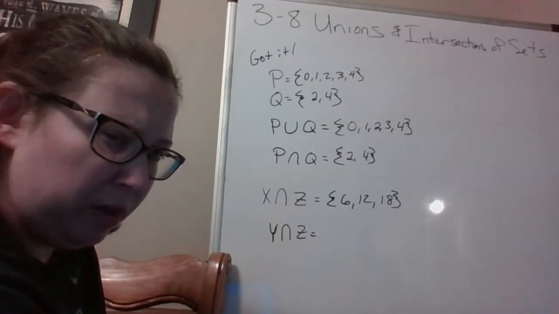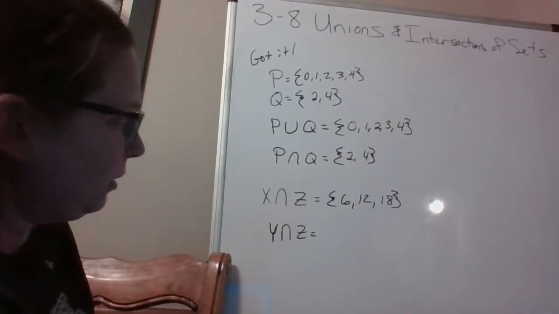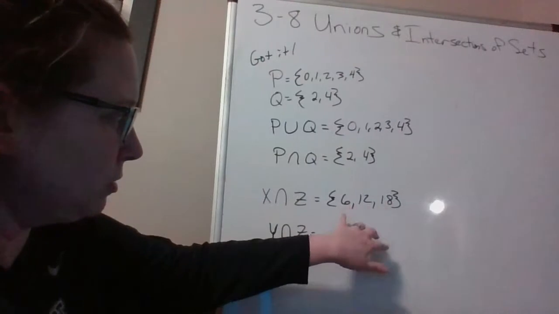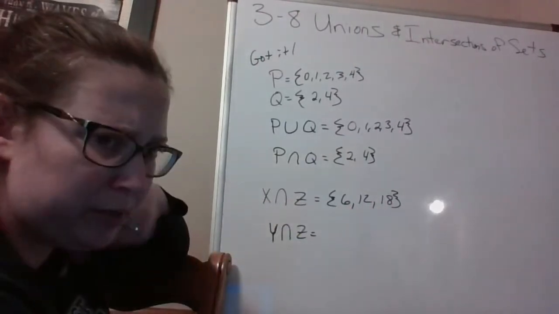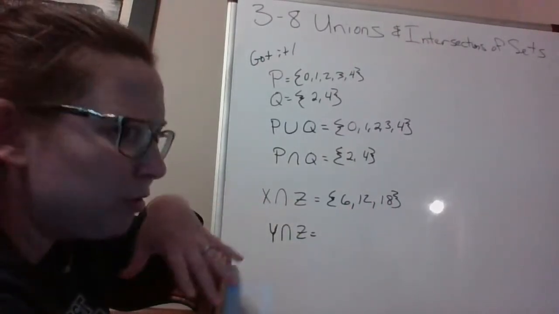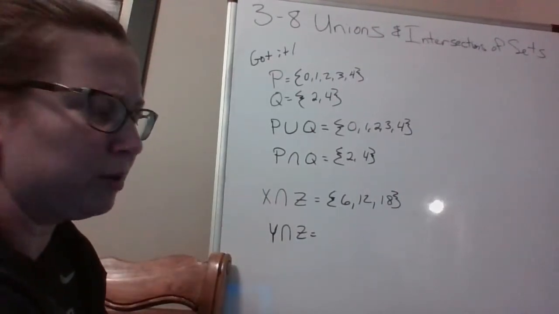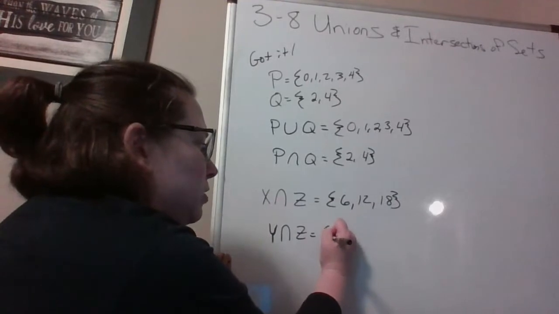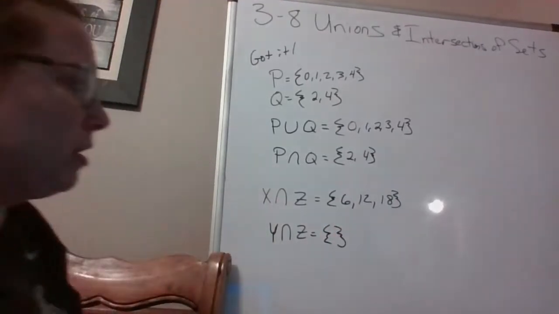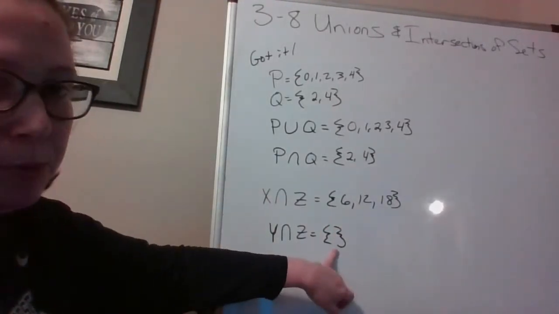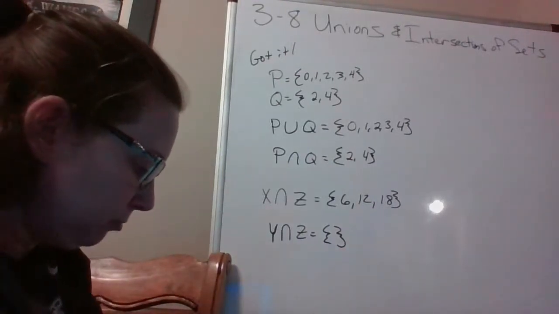So I think that's actually an empty set, because if we think about our multiples of 6, starting with 6, 12, 18, 24, they're all even. There are no odd multiples of 6. So this is actually just the empty set, because there's nothing that overlaps between y and z.